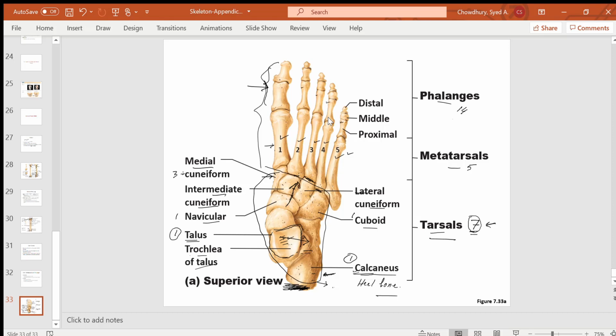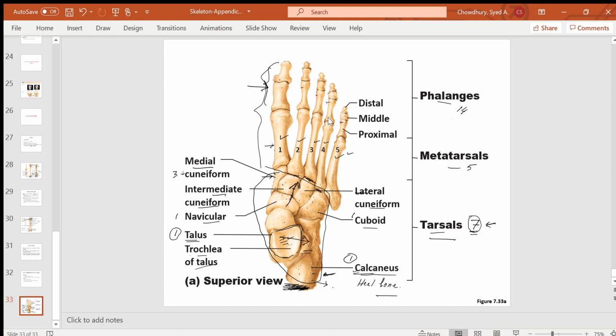Okay, and then you have the lower limb bones. The bone of the thigh is the femur, which is the longest and strongest bone of the body. And then in your leg, you have two bones. Medial bone is the bigger one, that's the tibia, and lateral bone is the thinner, smaller, weaker one, that is the fibula.